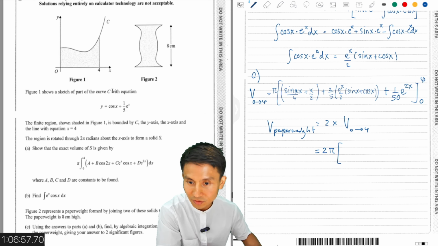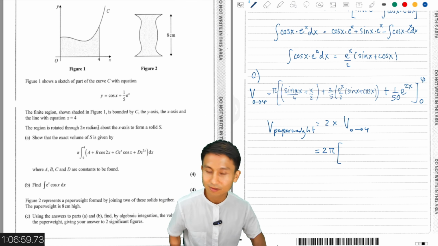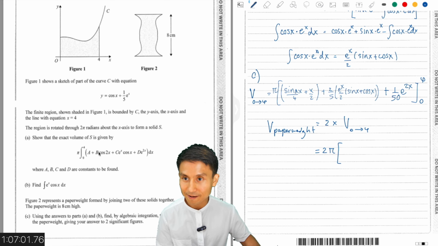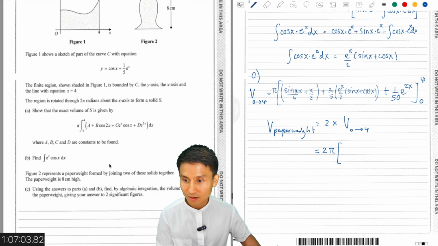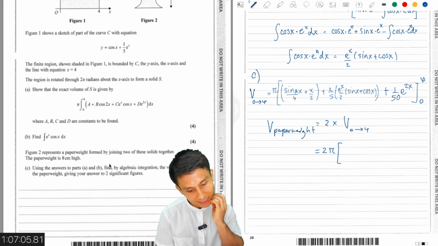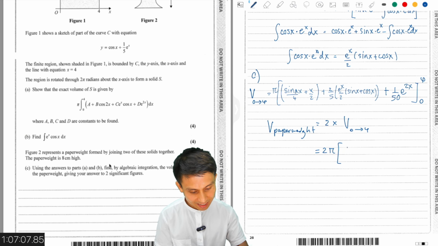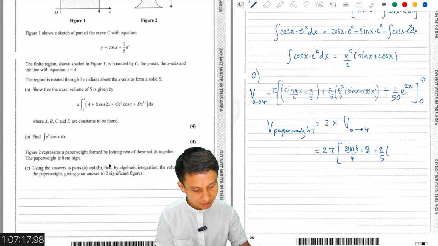It doesn't tell, so everything is in radians. So that's sine 8. Feels weird, but there you go. Plus 2 over 5 e to the 4 over 2 sine 8 plus cos 8.